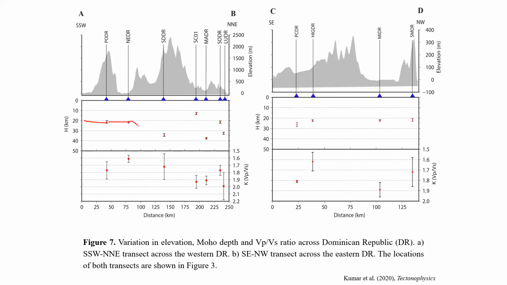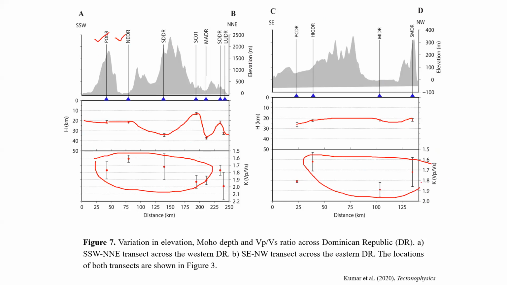You can see the Moho is varying like this, and these are the Vp/Vs ratios for the stations shown here. Likewise, for another cross section they produced, the variations in Moho thickness are like this, and the Vp/Vs ratio associated with that is somewhat like this.